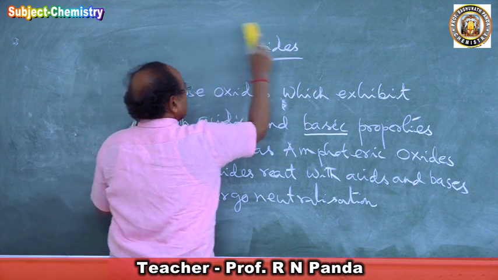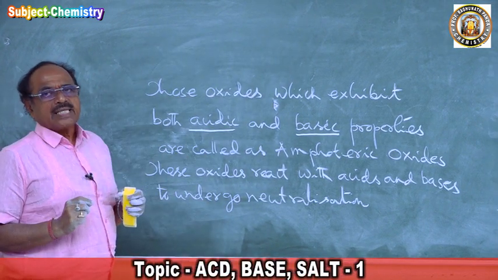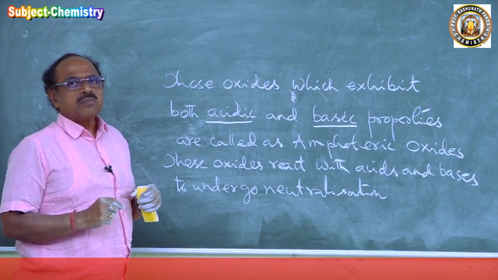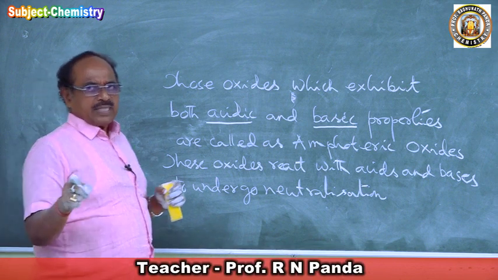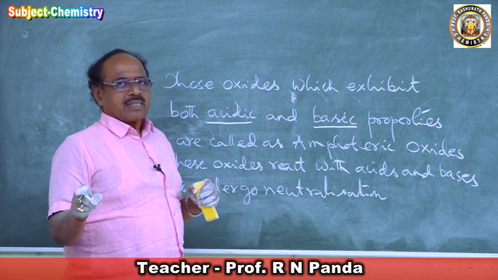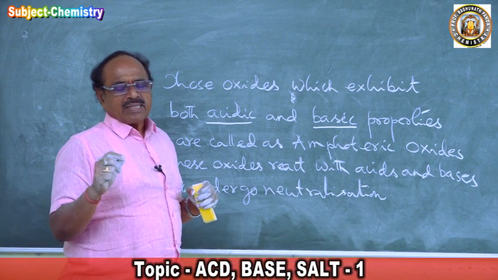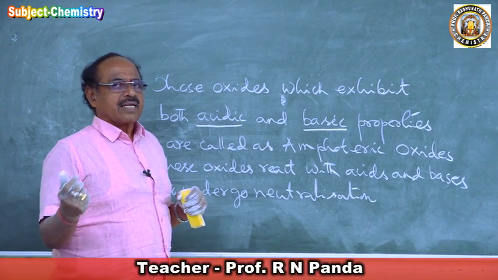So who are they? Now group 3, it starts with group 3. Boron is a purely non-metal. It forms borate and metaborate. Borate reacts with water to form boric acid, and metaborate reacts with water to form metaboric acid. They are acidic.